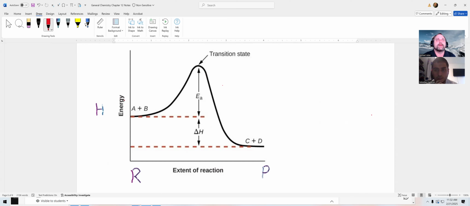There's a couple different parts that we want to make sure we figure out. Here are my reactants, and they're proceeding over here to my product. So this is A plus B going to C plus D. We want to be able to tell a couple of things by looking at this graph.